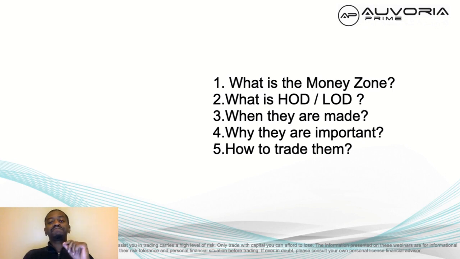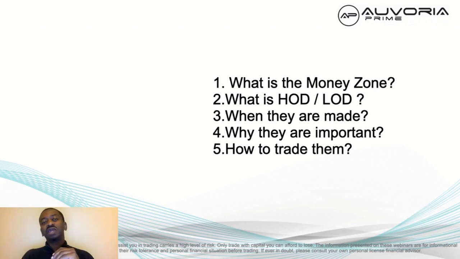All right. And so the money zone, if you notice, some days it's tall, some days it's short on the chart. We'll go over that soon. But what the money zone represents is the HOD and the LOD. Now, what is HOD and LOD? HOD stands for high of day. LOD stands for, you guessed it, low of day.